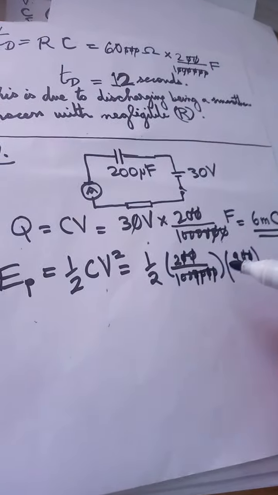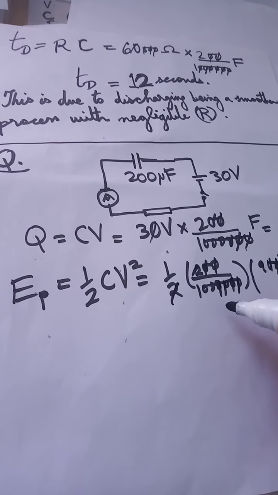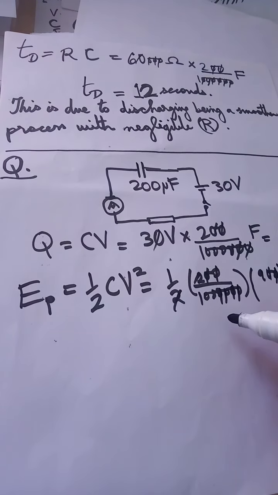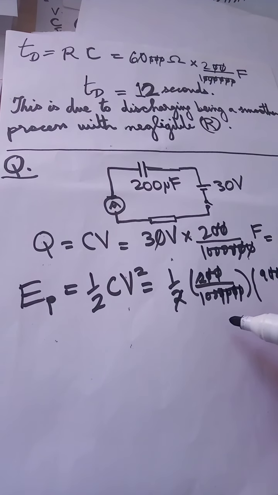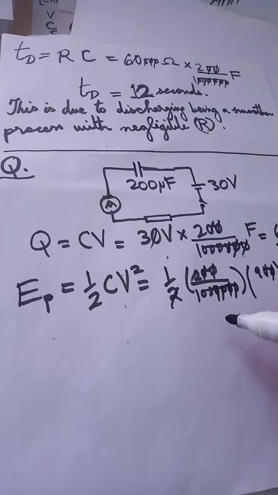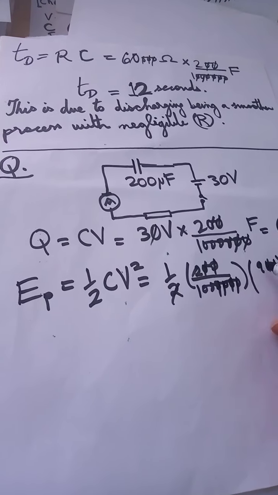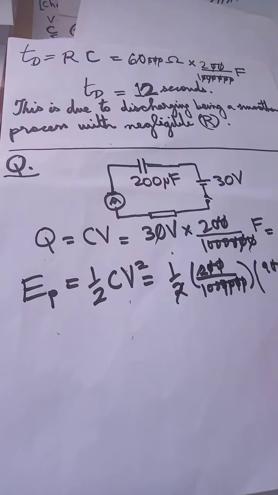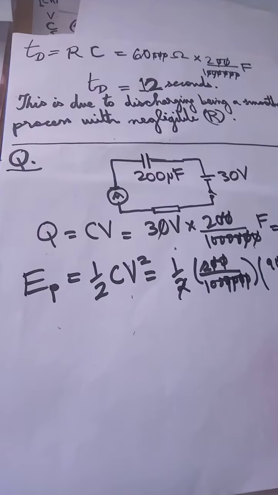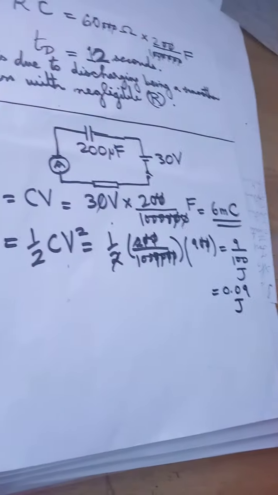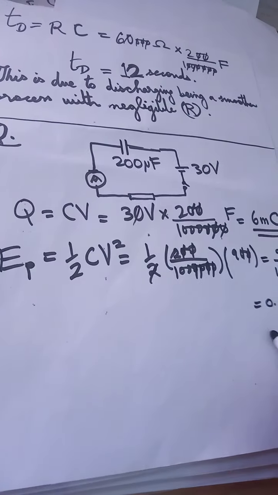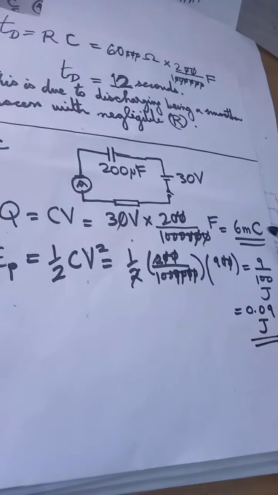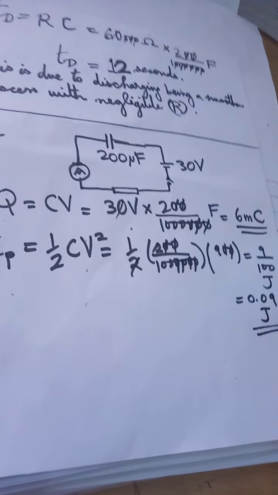So 0.09 joules. Okay, so 6 millicoulombs and 0.09 joules.